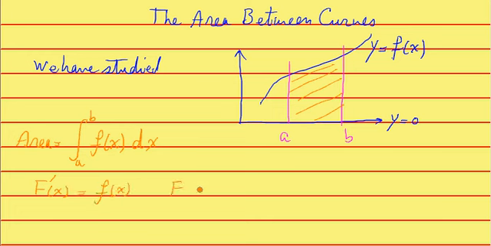So F is an antiderivative of f. Then that area simply turns out to be capital F calculated at b minus the same thing calculated at a. That is the value of this definite integral.